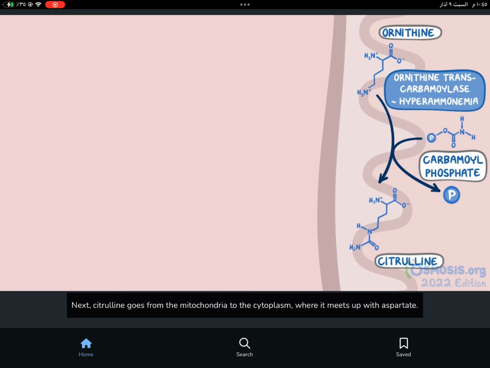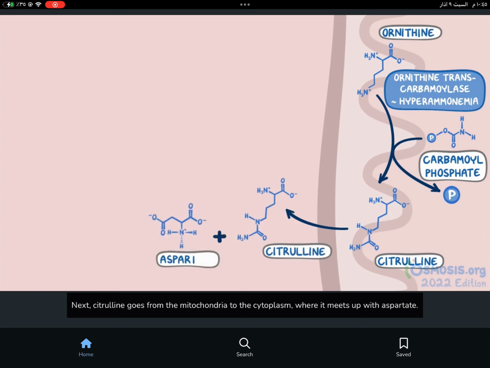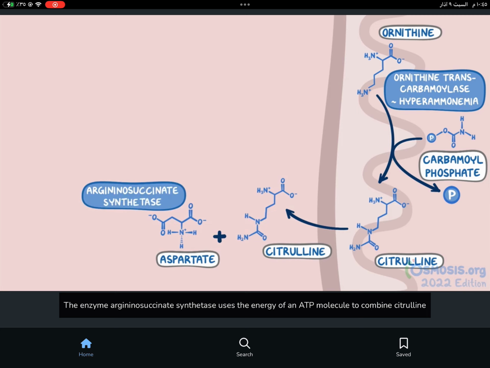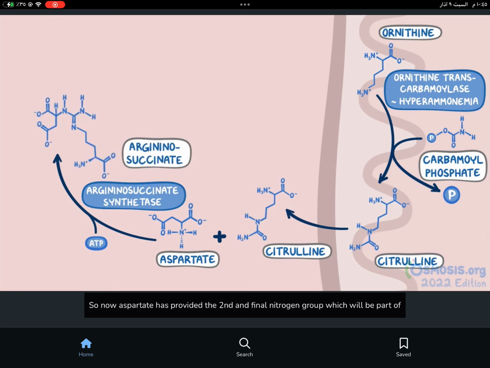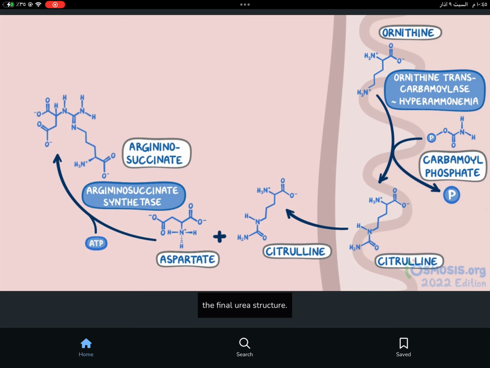Next, citrulline goes from the mitochondria to the cytoplasm, where it meets up with aspartate. The enzyme argininosuccinate synthetase uses the energy of an ATP molecule to combine citrulline with aspartate to make argininosuccinate. So now aspartate has provided the second and final nitrogen group, which will be part of the final urea structure.